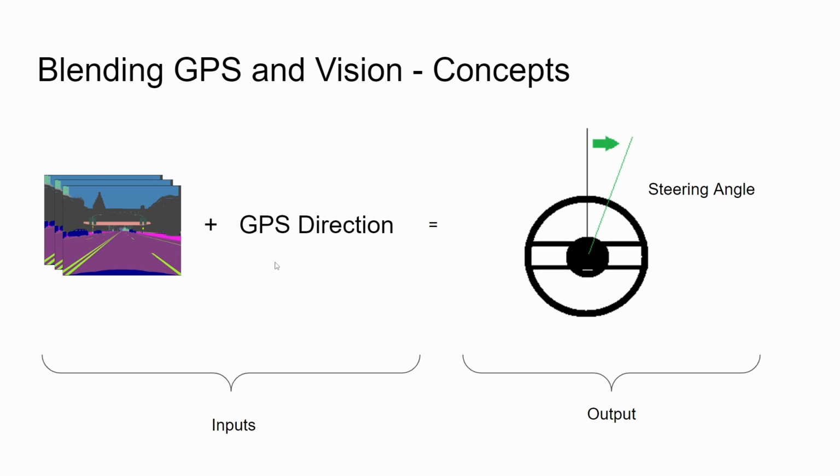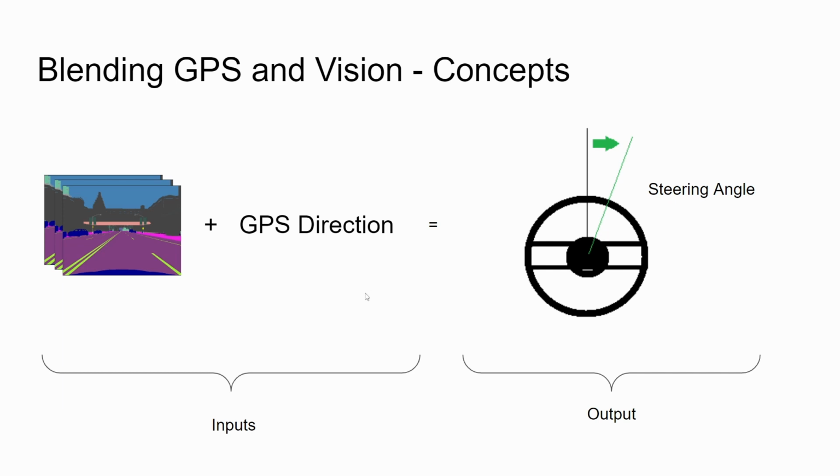Blending GPS direction, or spatial navigation, with image data is the very thing that blends them together. So we need to feed both into the model. The output in those cases is exactly the same. We only want to see what the steering angle should be based on this.